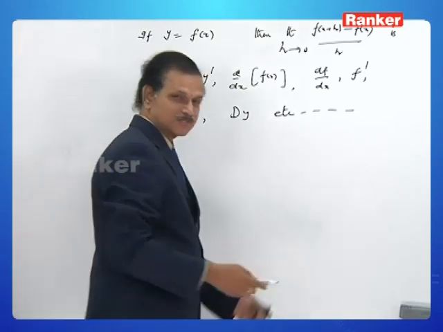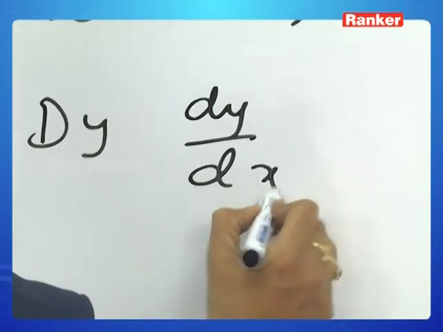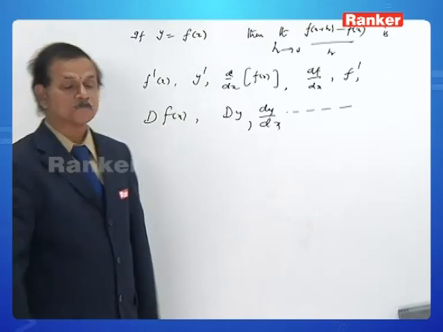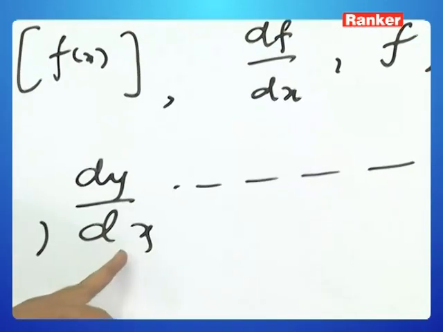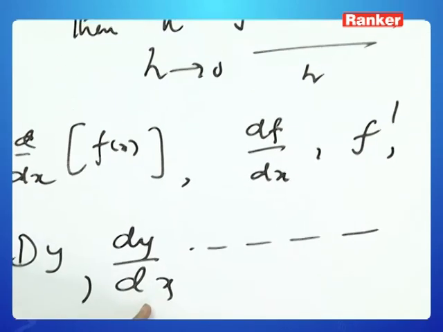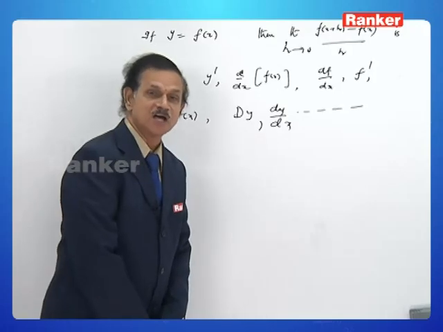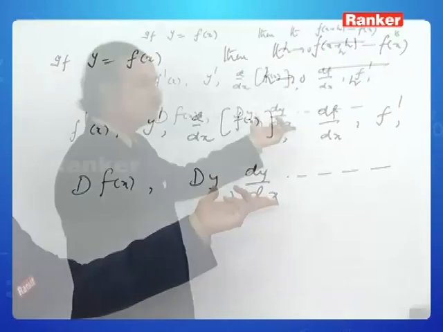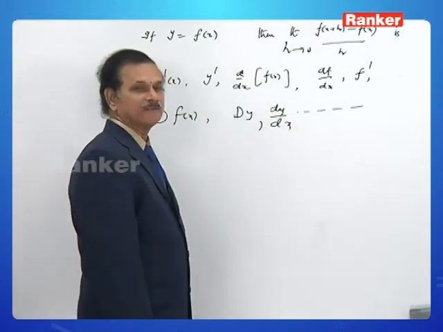And the most familiar is dy by dx, etc., etc. But of all these, this is very frequently used. What do you mean by dy by dx? d by dx of y. This entire d by dx of is a unit, it is a function, the derivative of y with respect to the variable x.